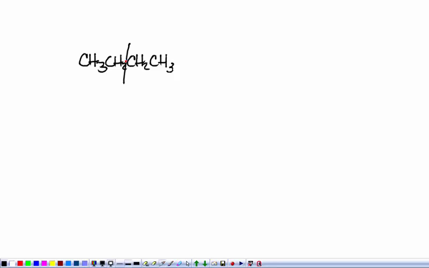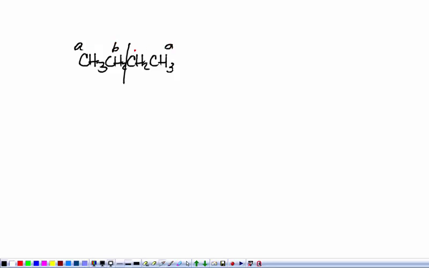And then what I can say is, here's a mirror plane in butane, and now what's true? The 2 CH3s are equivalent, and the 2 CH2s are equivalent. So if all the CH3s are equivalent, and the CH3 is equivalent to the other CH3, that makes them all equivalent. If the 2 CH2s are equivalent, then being equivalent to the other CH2 also makes them all equivalent.